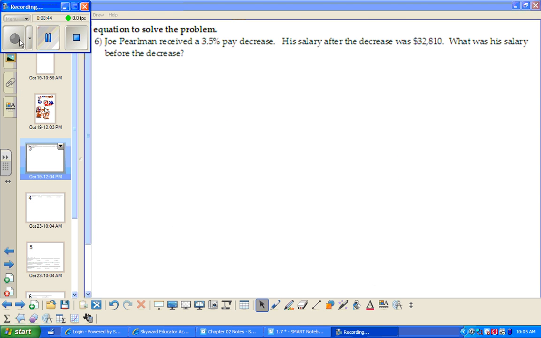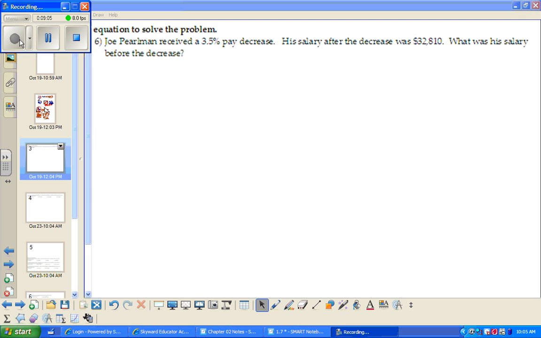Problem number 6 says Joe Perlman received a 3.5% pay decrease. His salary after the decrease was $32,810. What was his salary before the decrease? So you want to set up an equation for that. So what was his salary before the decrease?